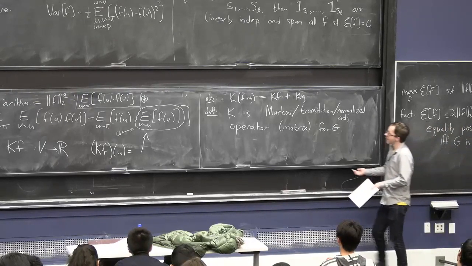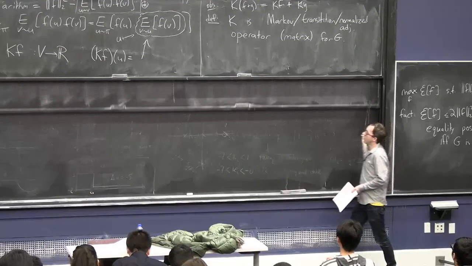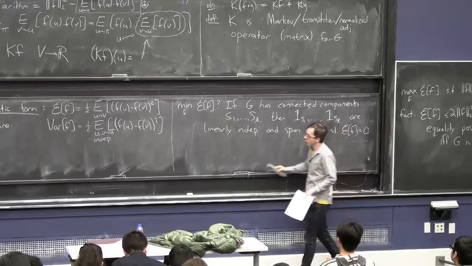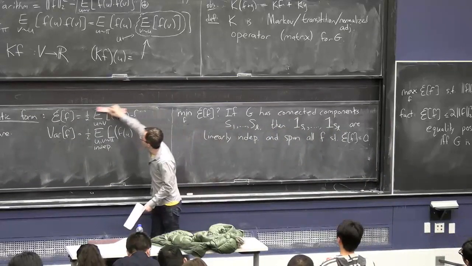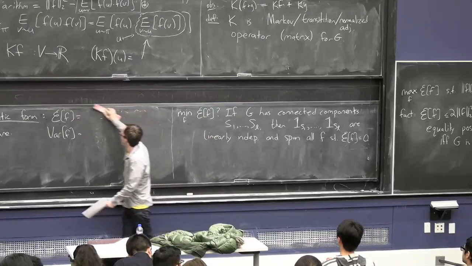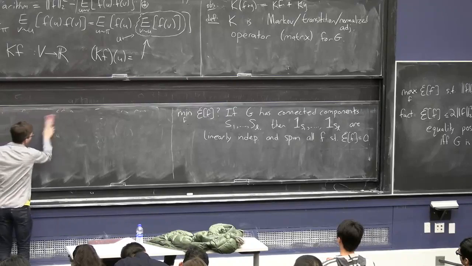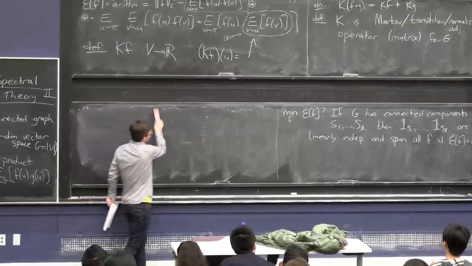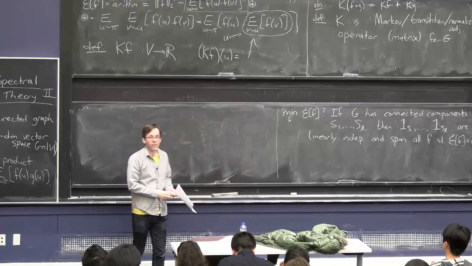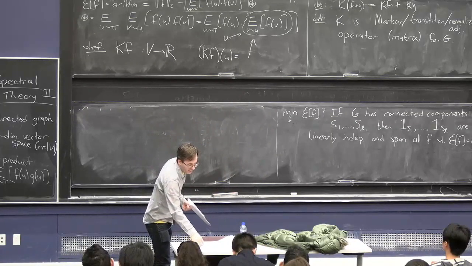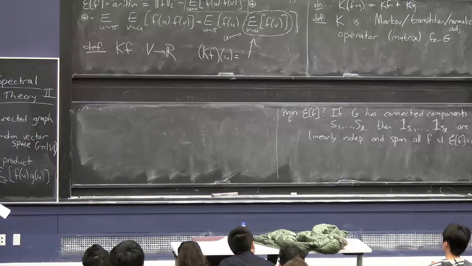So as I said, it's a linear operator that transforms functions into functions, or vectors into vectors. So in classic linear algebra style, you can represent its action as a matrix. And just a bit of a spoiler: in the most simple case, where you have a d-regular graph, this matrix for K is just going to be 1 over d times the adjacency matrix of the graph.